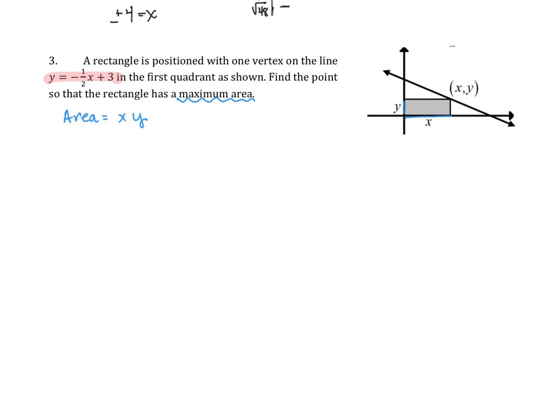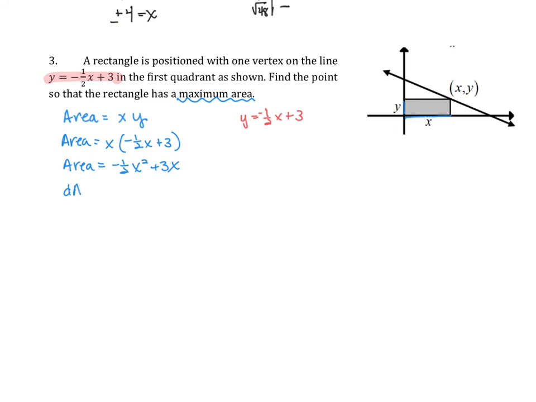So my secondary equation is the equation y equals -1/2 x plus 3. And so I'm going to go ahead in my area equation and substitute that in. So we get x times -1/2 x plus 3. And now let's simplify it a little bit more. Area equals -1/2 x squared plus 3x.